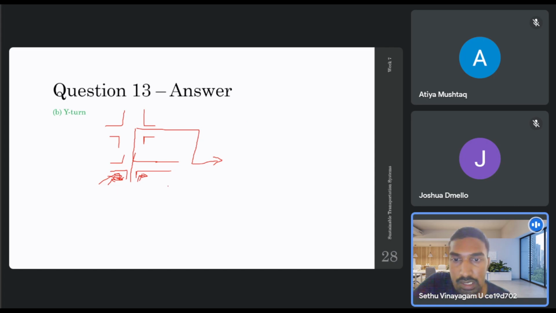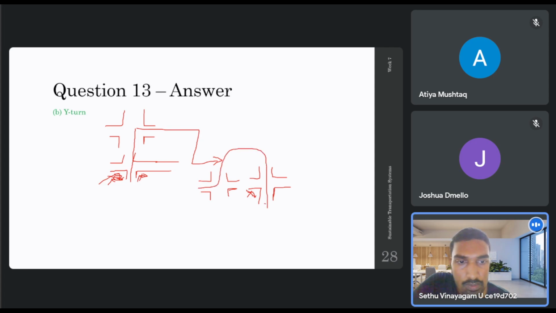Whereas in a G turn, suppose there is an intersection, right? And suppose people wanted to make a turn here towards the right. If this is blocked, what happens? Instead of turning right at that intersection, much before that, people will be diverted.